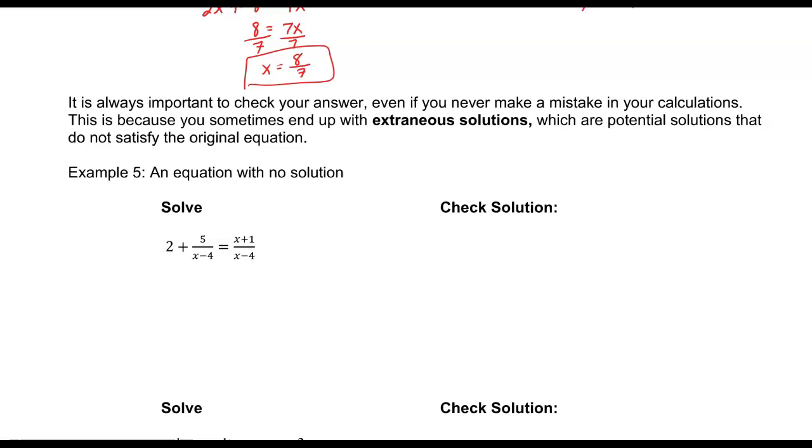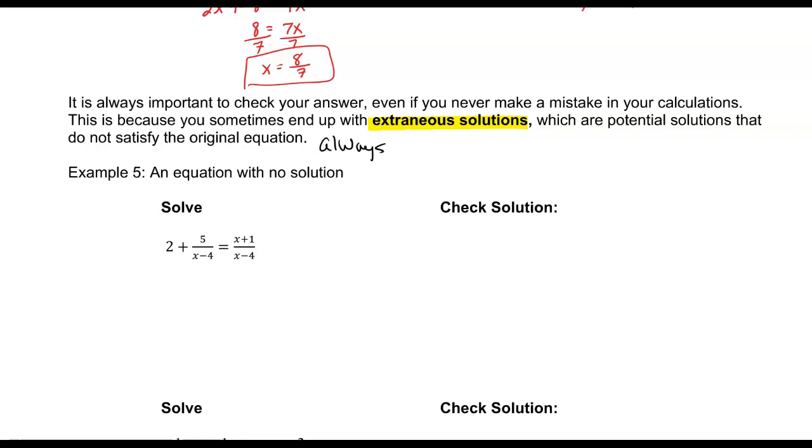And they don't work. So I'm going to give you an example of an extraneous solution problem. This is something that you have to check when you have variables in the denominator of fractions. When do you need to do this? When you have variables in the denominator of what? All right.